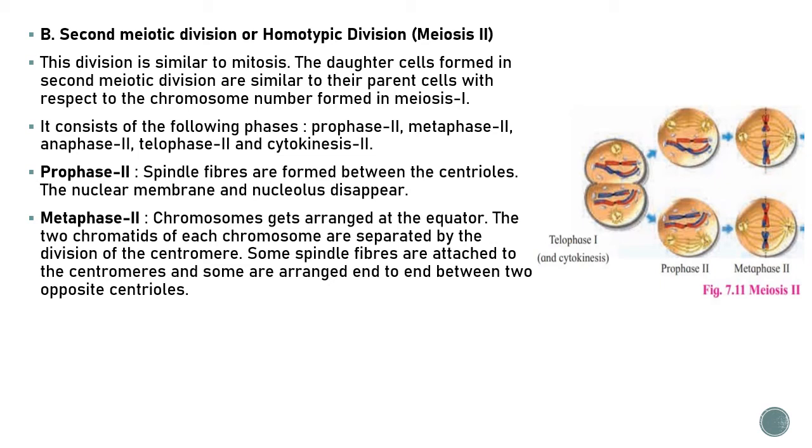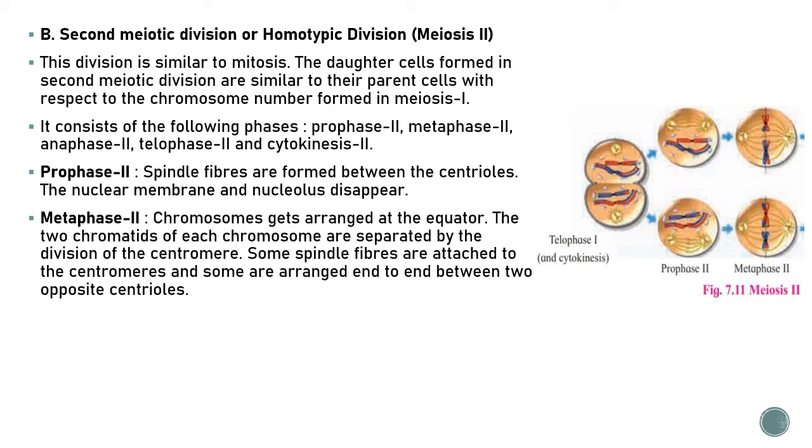In that phase, you can see the nuclear membrane and nucleus disappear. The disappearing nucleus and nuclear membrane are significantly seen in Prophase-II. Now after Prophase-II, you can see Metaphase-II, where the chromosomes get arranged at the equator.